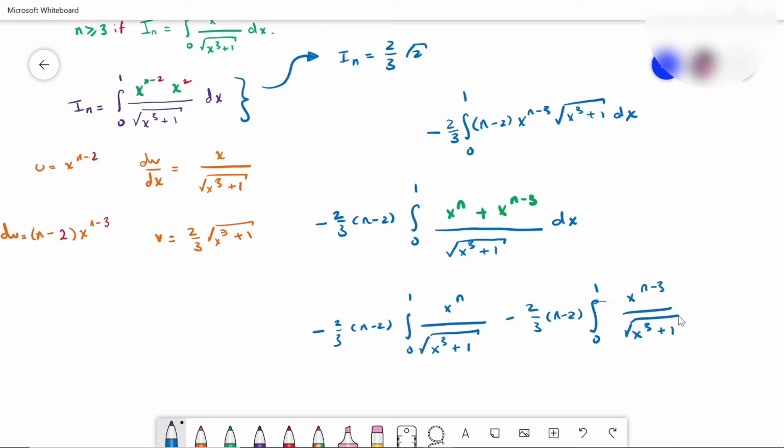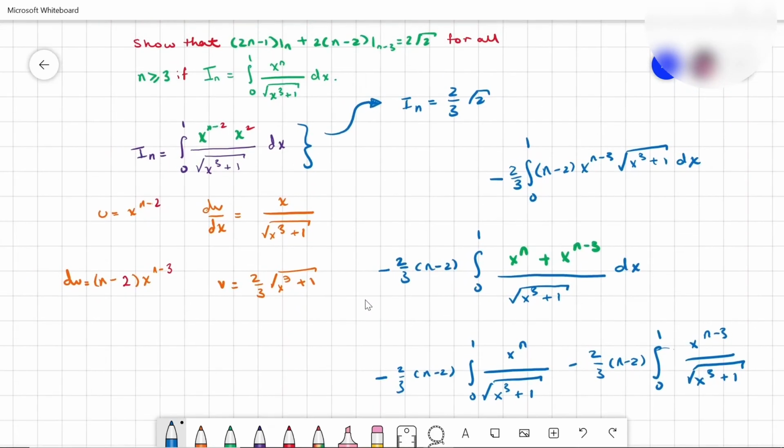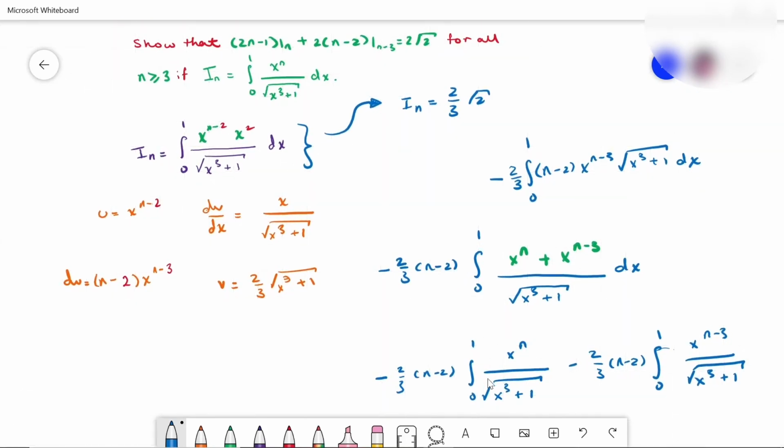So we have this so far. And what to notice now is that this here is just I sub n. And this here is just I sub n minus 3, because instead of n, there's an n minus 3 here.